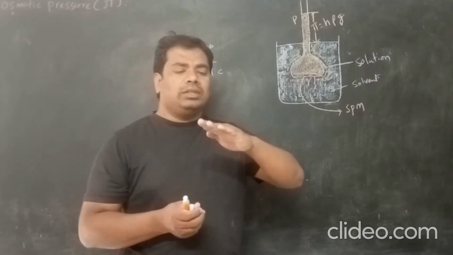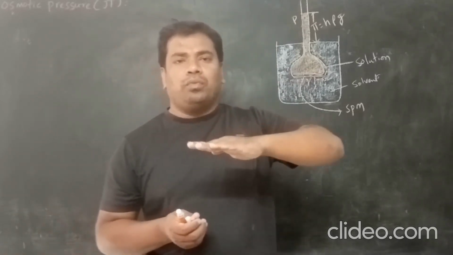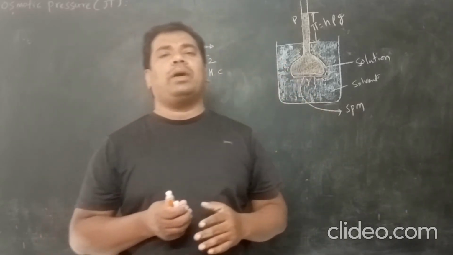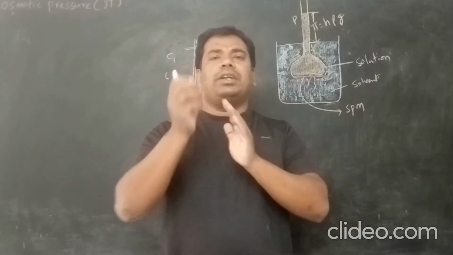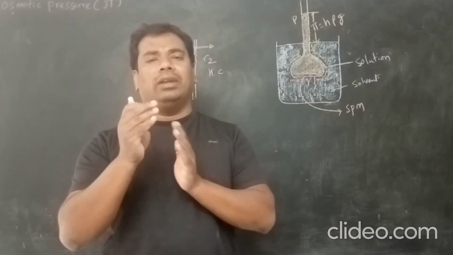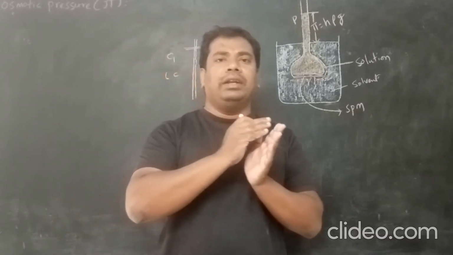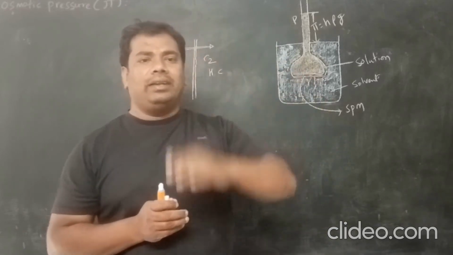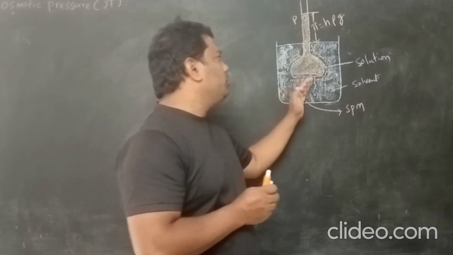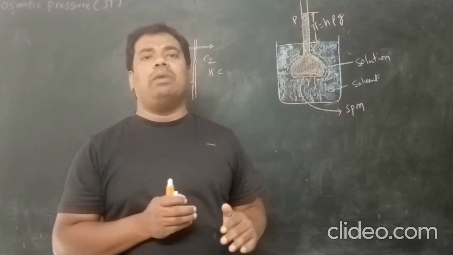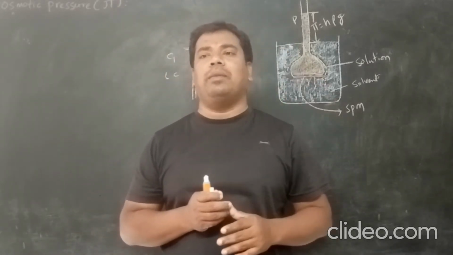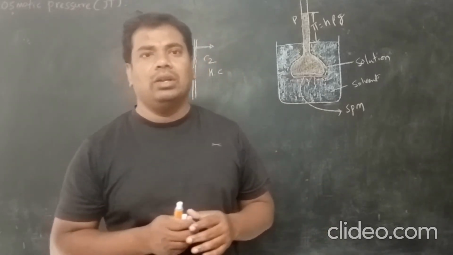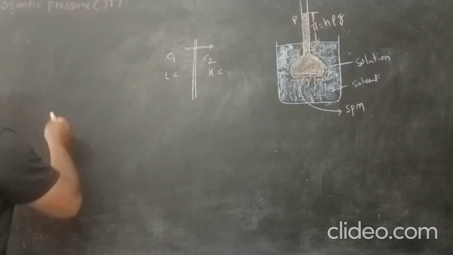For example, the solvent molecules move from one solution to another solution through a semi-permeable membrane. When the concentrations of the solutions are equal, meaning when it reaches the equilibrium condition, then we stop the movement of solvent molecules through the semi-permeable membrane. If we apply some external pressure, the external pressure we call osmotic pressure. Okay, clear, student? Right.